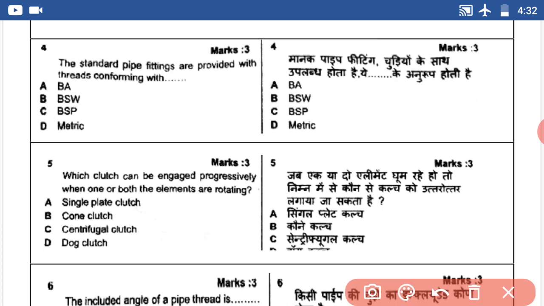The standard pipe fittings are provided with threads conforming with dash. Pipe fitting thread: BSP. This question's answer: BSP. Answer C.